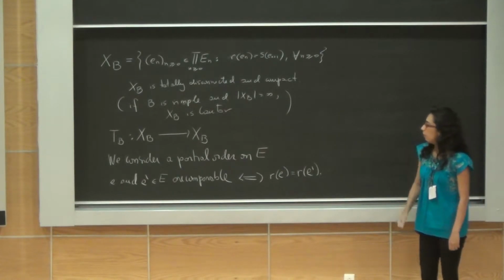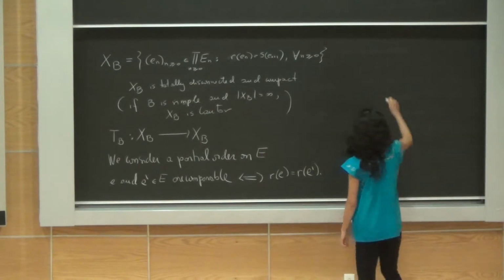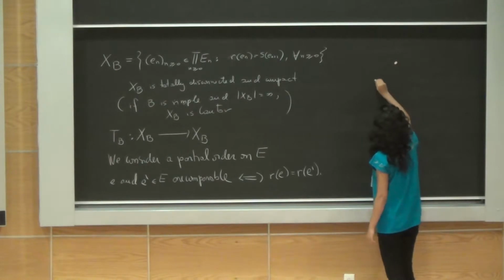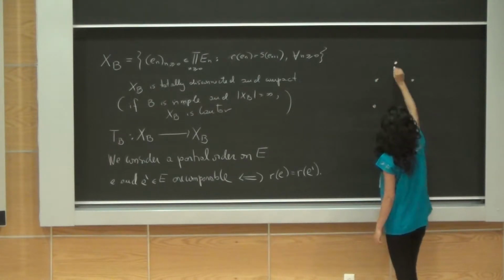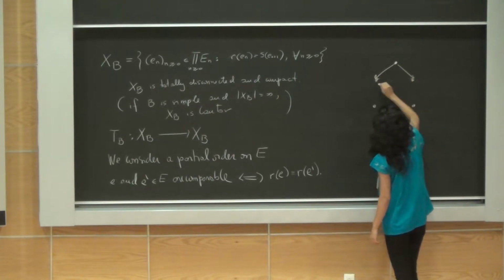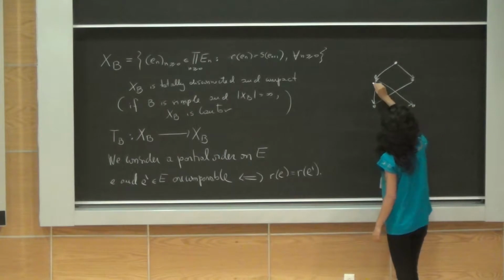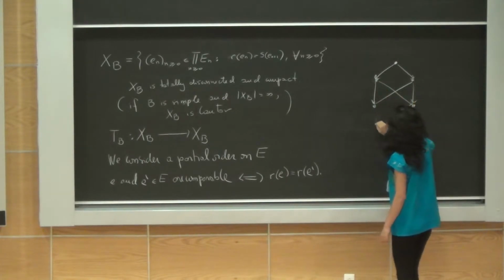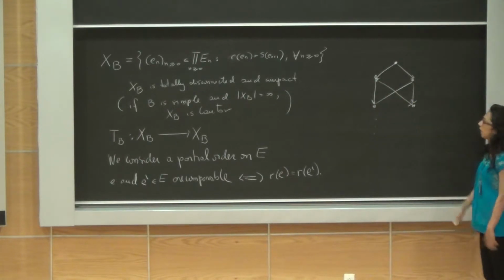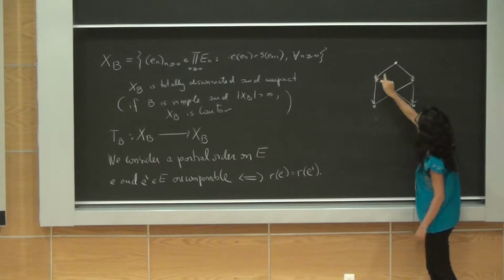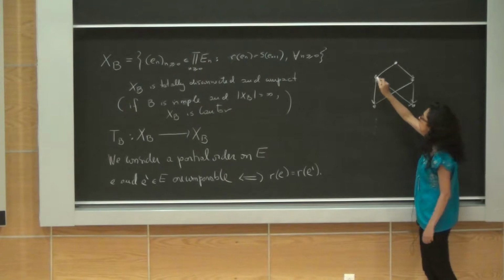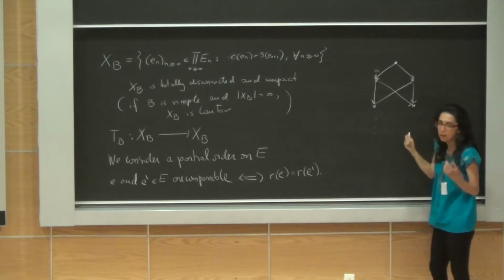So for example, in this Bratteli diagram, I can say, okay, I have just one edge, so this is maximal and minimal.